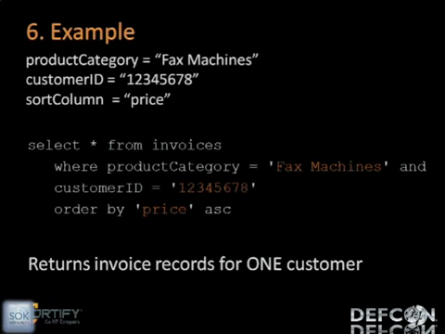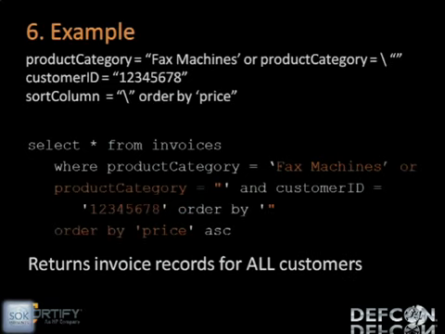However, if you have some piece of untrusted data come in, and because of that, the product category is set to something like fax machines, or product category equals \quote. Customer ID is 12345678, and sort column is \quote order by price. Then your query looks very, very different.